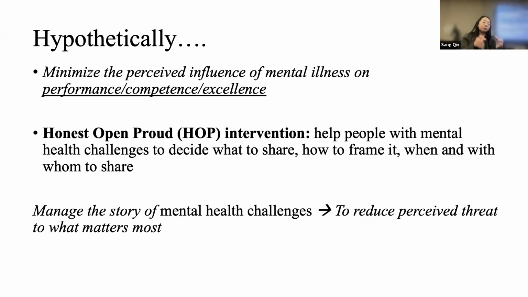I happen to have interventions related to that, honest, open, proud interventions, about how people communicate and share their experiences of mental health as a way of controlling information, or impression management, so they are not seen as too connected with their work performance.